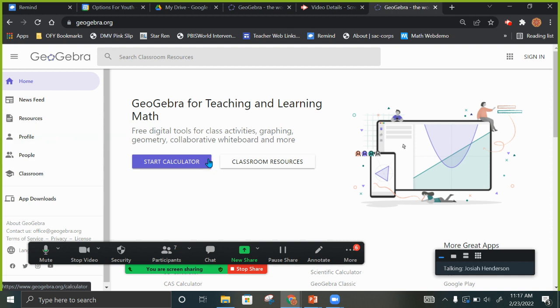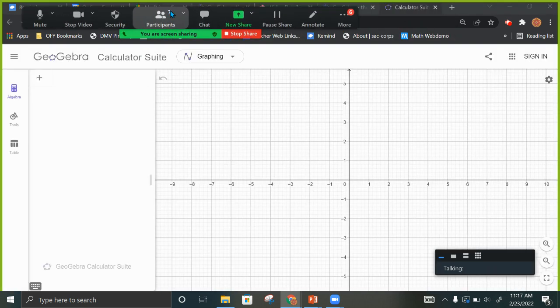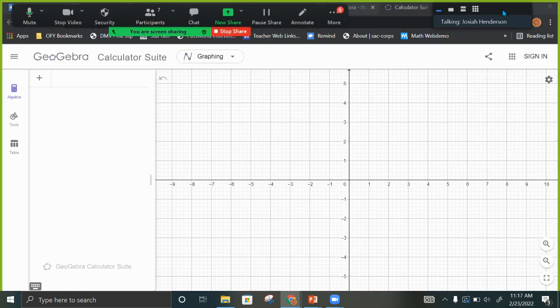So I want you to be able to use GeoGebra too, to check your work, to practice. To use it, we're going to go to geogebra.org, just hit Start Calculator. Boom. This is not some activity I made up. It's just the plain, unmessed with calculator.